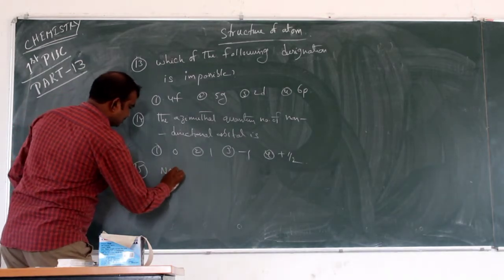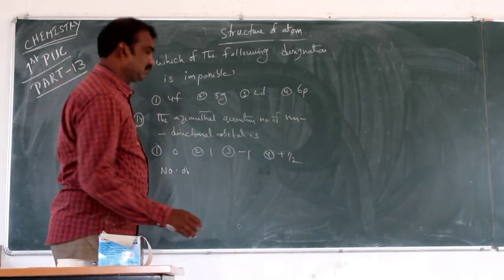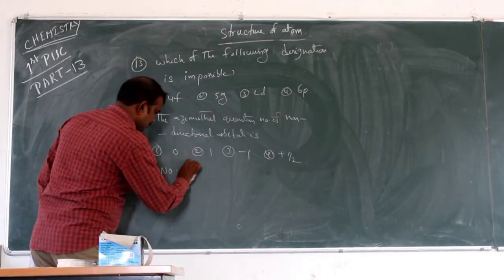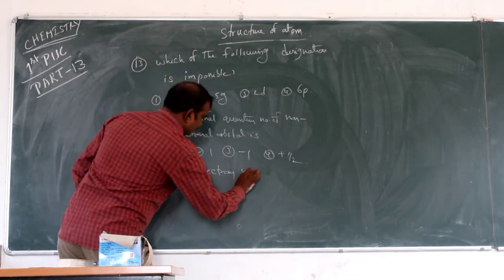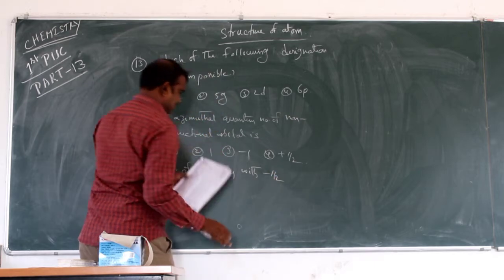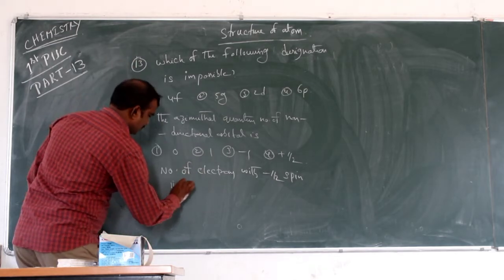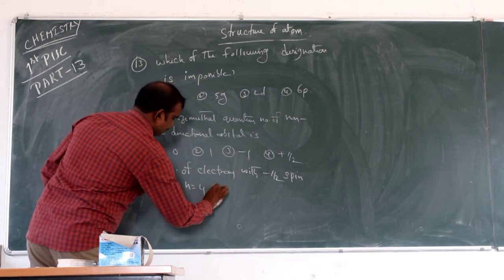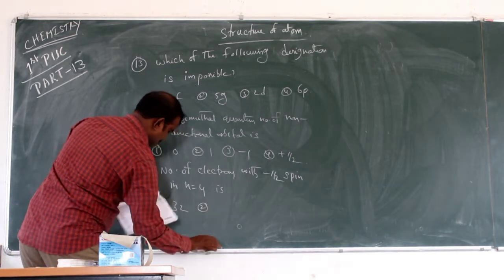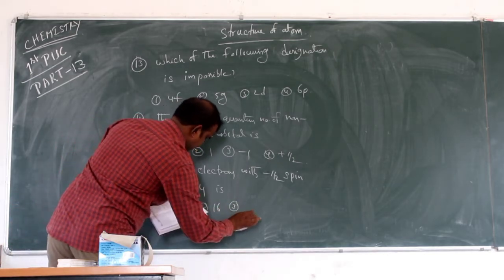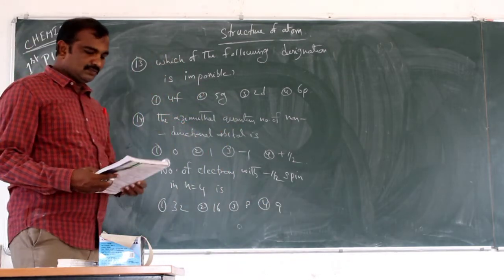The number of electrons with the minus spin in n equal to 4 is: 1) 32, 2) 16, 3) 8, and 4) 9.